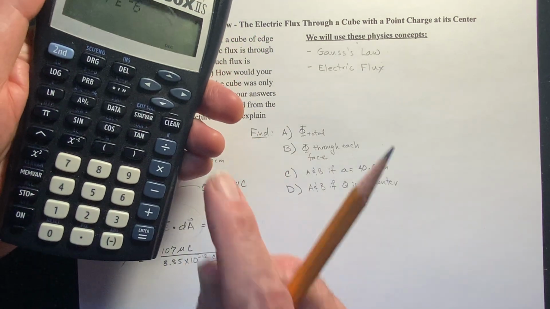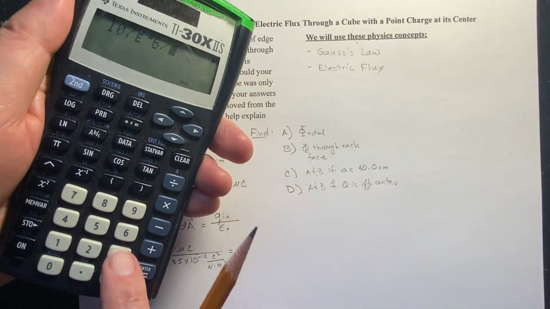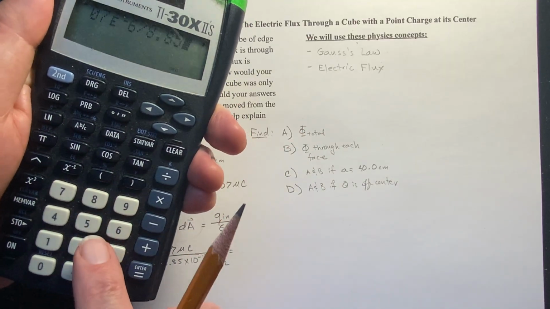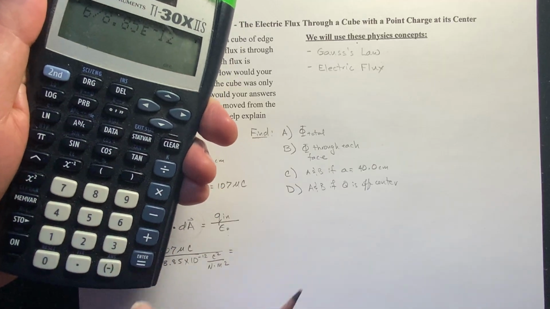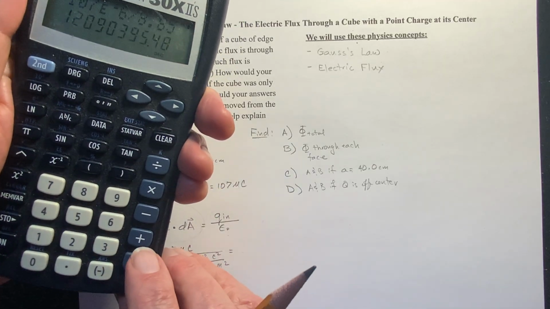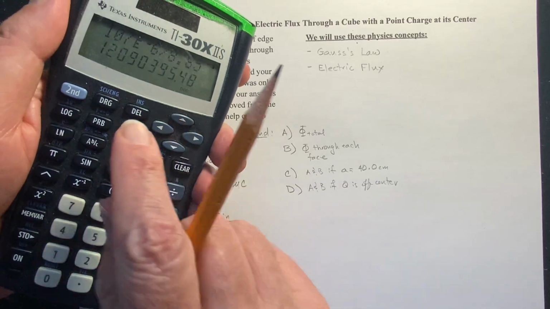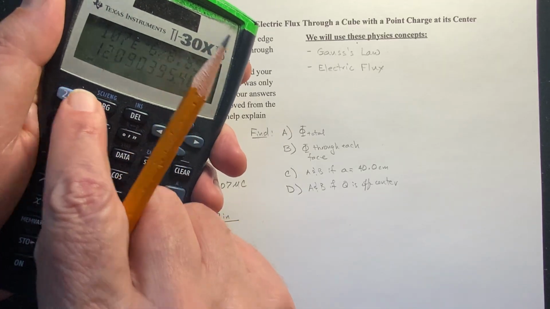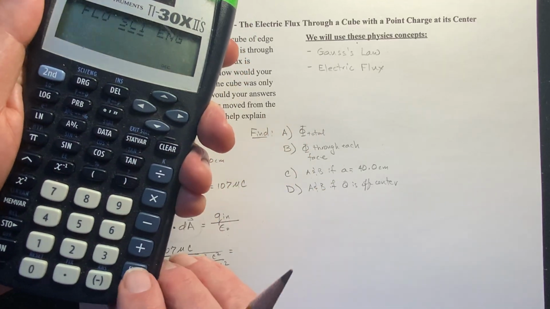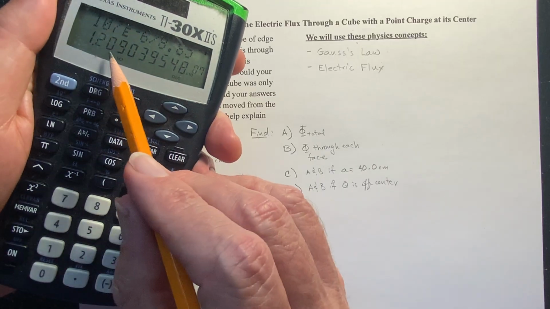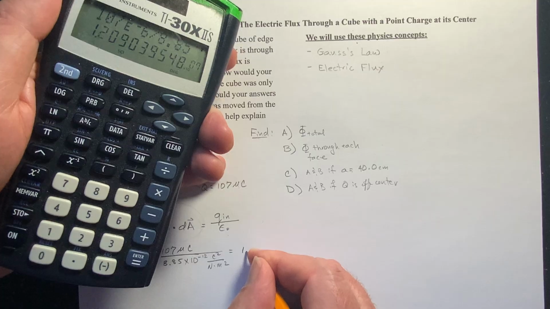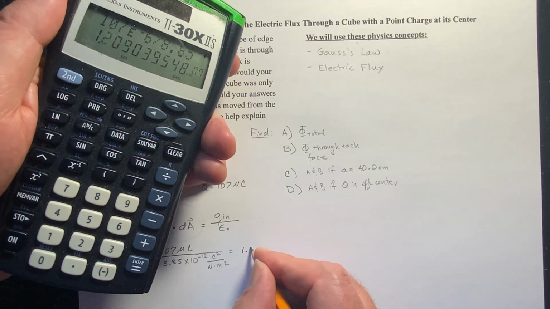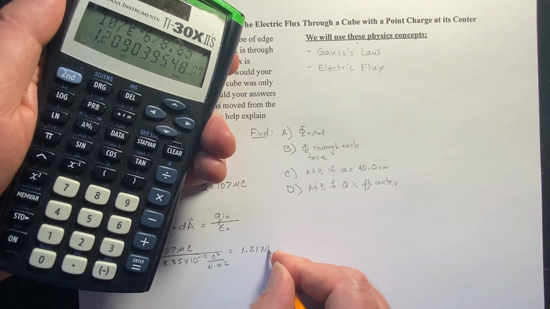All right, and then I'm going to divide that by 8.85 times 10 to the negative 12 equals, and I need to put this back in scientific notation, and it's 1.21 times 10 to the 7.